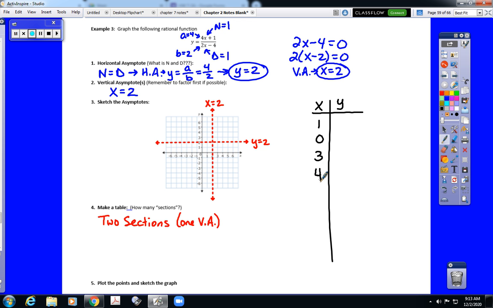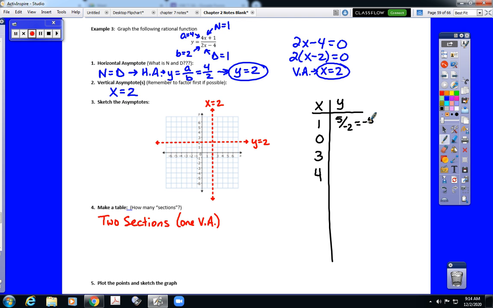Now you notice my chart is actually far bigger than that because I may need to do additional points to get a good picture. So what I'm doing is I'm plugging 1 into this function for x. So when I put 1 into this function, I have 4 times 1 plus 1, which is 5, over 2 times 1 minus 4, which is negative 2.